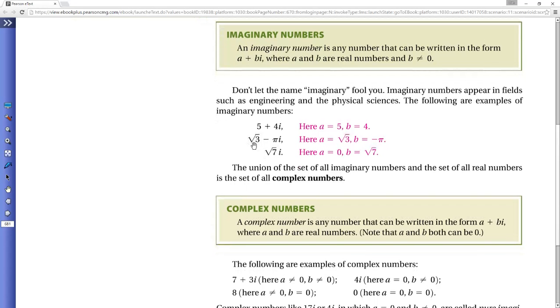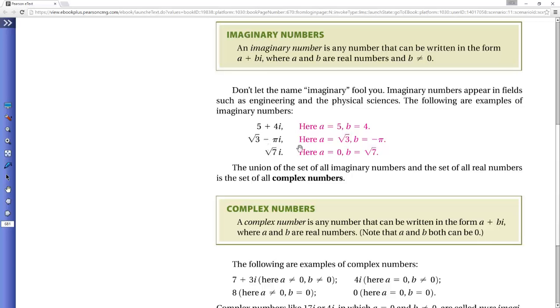The square root of 3, which is a real number, minus pi, which is a real number too. That's the relationship between the circumference of a circle divided by the diameter of the circle, and we don't know the exact values for either one of those. We can't make them rational, and we'll talk about number sets again. They show a nice diagram to illustrate the relationship between number sets.